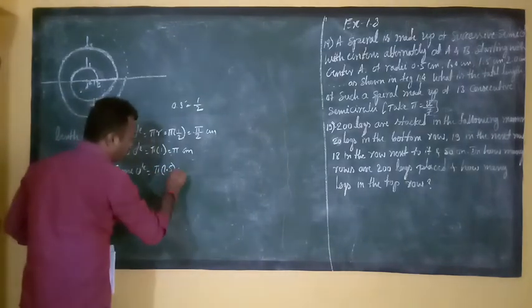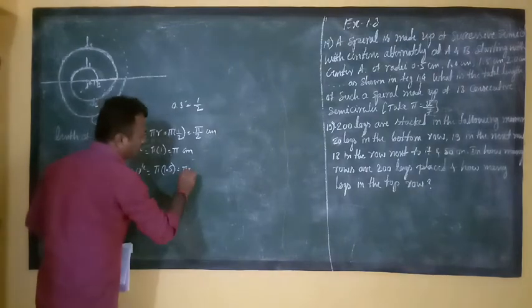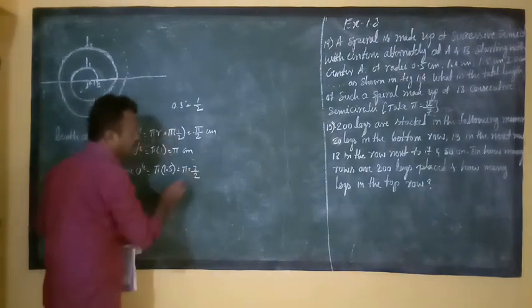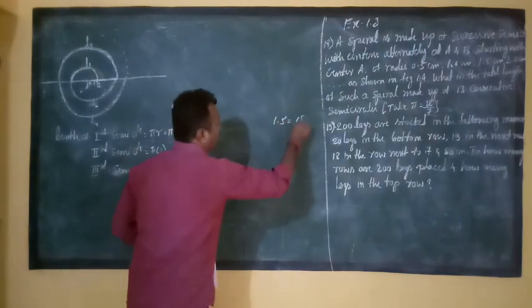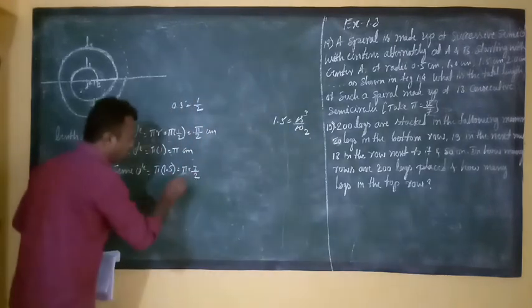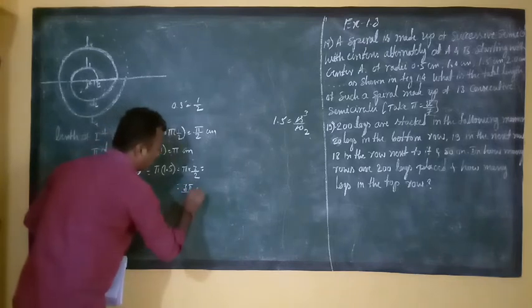So it is equal to pi into 1.5, which can be written as 3 by 2, correct? 1.5 is equal to 15 by 10, 5 3s are 15, 5 2s are 10, so 3 by 2. Therefore 3 pi by 2 centimeter.